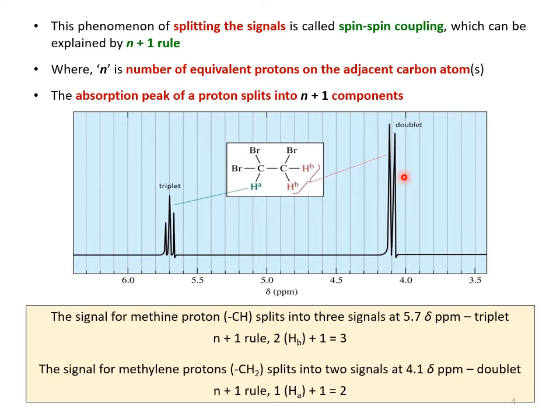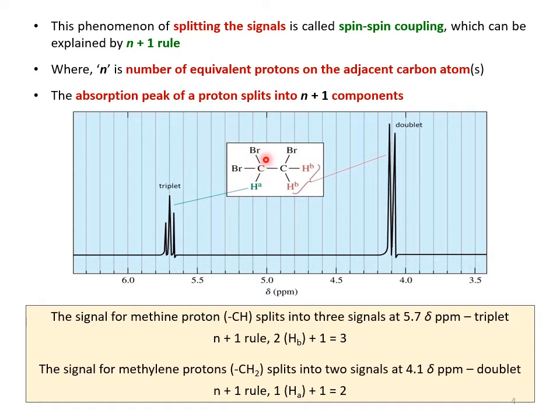So in this example, you can also see here the methine proton is more de-shielded than the methylene protons. Why? Because of nuclear de-shielding and shielding effect. Since this methine carbon has two bromine atoms, and we know that halogens are electronegative, and the shielding of a proton depends on the electron density.